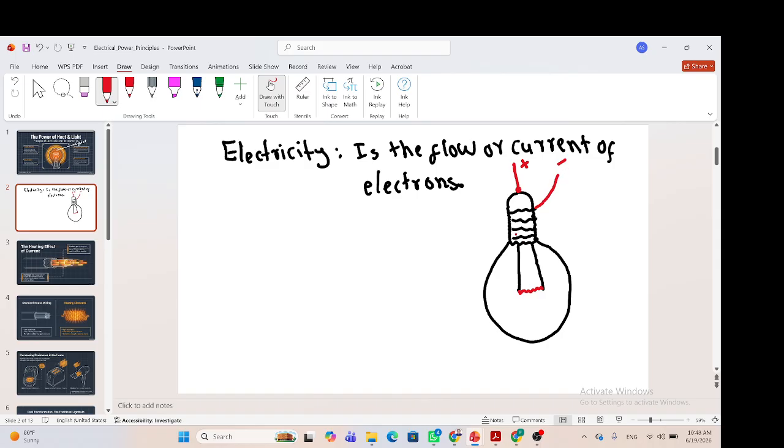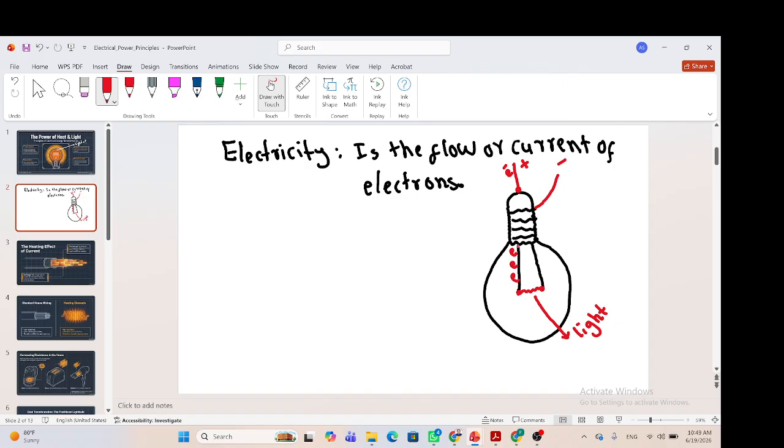But what will happen in the specific place where we see the light? Of course, electrons may transfer from this wire and come inside the lamp and transfer here.